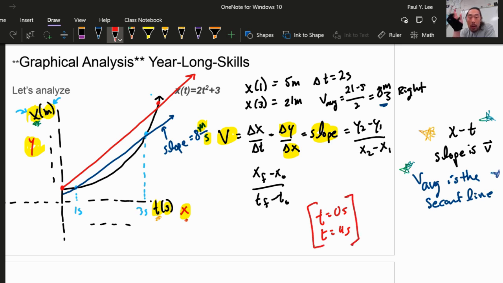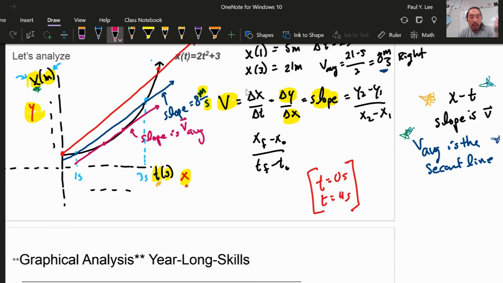We can even shrink those time intervals down just to make a point. Let's say we go from here to here, right? The secant line that cuts right through, the slope is the average velocity. All right, cool. Let's go to the next idea.